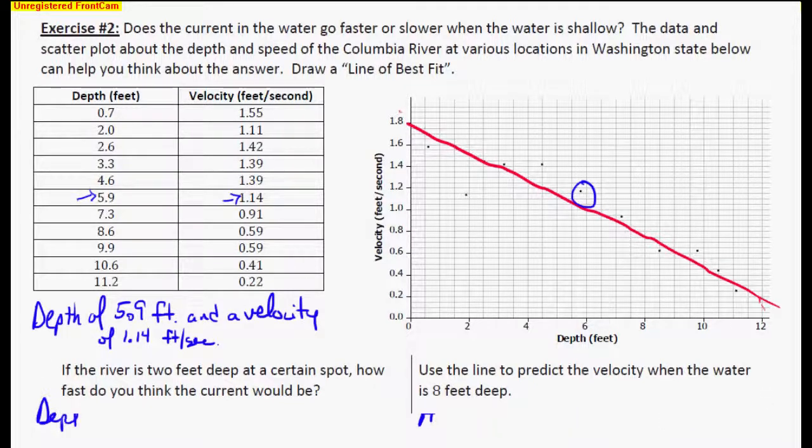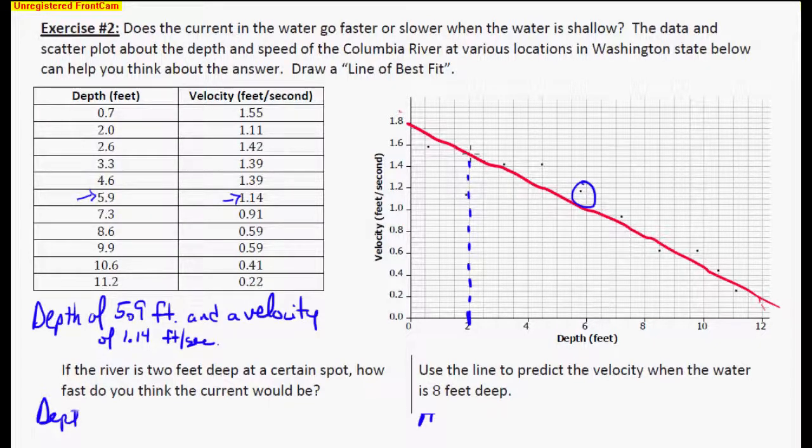Let me turn off that. See if we can get rid of that stuff out of the way here. If the river, oh, I can't erase that. Okay. If the river is 2 feet deep at a certain spot, so that would correspond with that point right there. How fast do you think the current would be? Well, now we can use our line of best fit. Okay, 2 feet deep. Right?